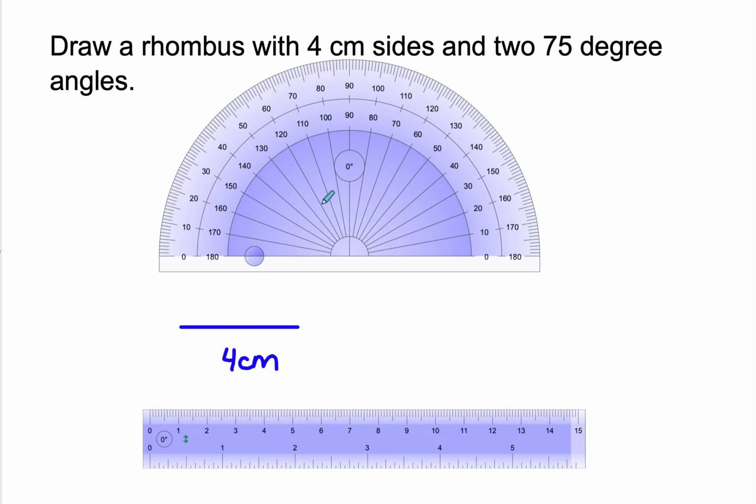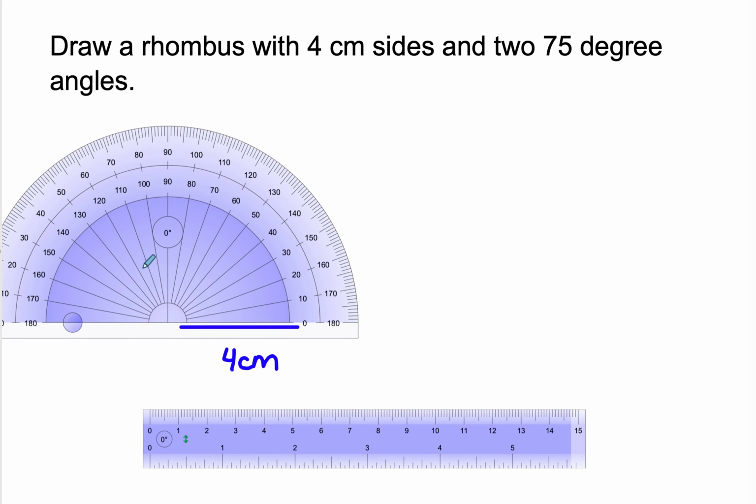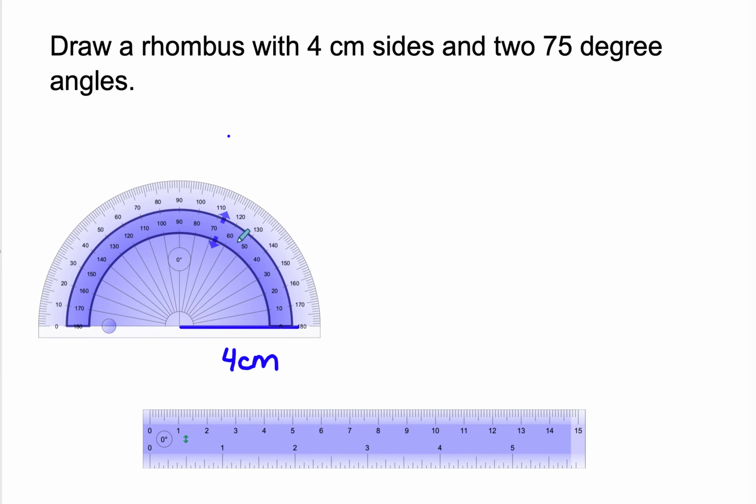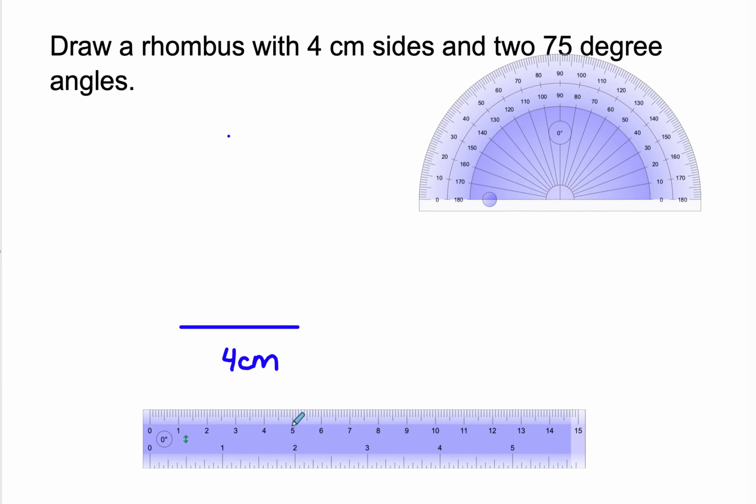Then I'm going to measure my 2 75-degree angles. So I'm going to line this up. 75 degrees, lines going to the right, 0 on the right side is on the bottom. 75 would be halfway in between 70 and 80. So I'm going to mark it. I'm going to move my protractor out of the way.